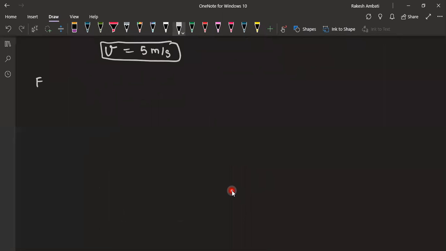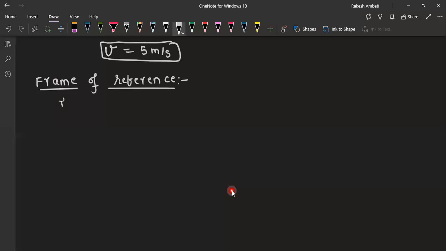Next concept, frame of reference. So what is the meaning of frame of reference?